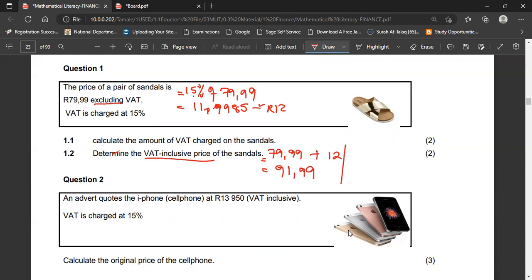If you did want to do this, you're supposed to take 79.99 times 1.15. You still get the same answer as 91.99. All right.